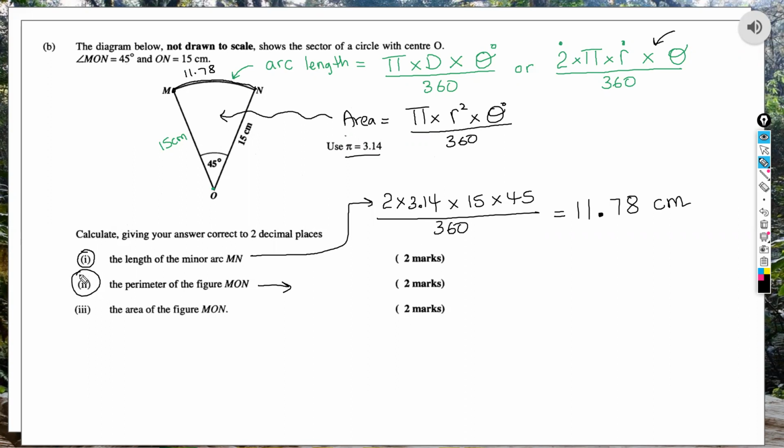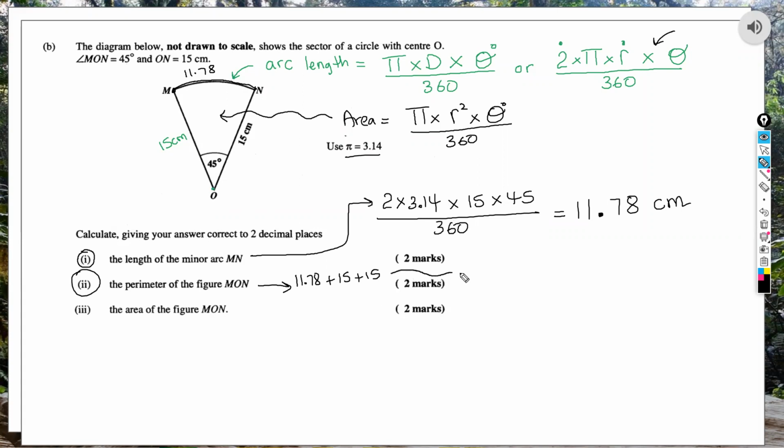The perimeter is the one where you pretend you're running around the shape and you count the distance you run. So you're running 11.78, then you run 15, and then you run 15 again. So what's the total distance? 11.78 plus 15 plus another 15, because you're running back to the starting point.